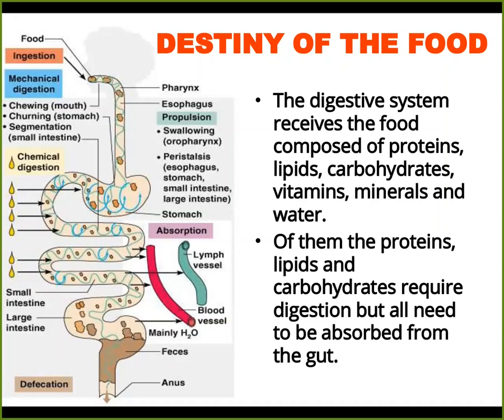The main role of this breaking down is transforming nutrients in our food from large polymeric molecules into small monomeric molecules, because many types of food consist of proteins, lipids, carbohydrates, and all these substances are polymeric molecules which consist of long chains and cannot be absorbed in our intestine.